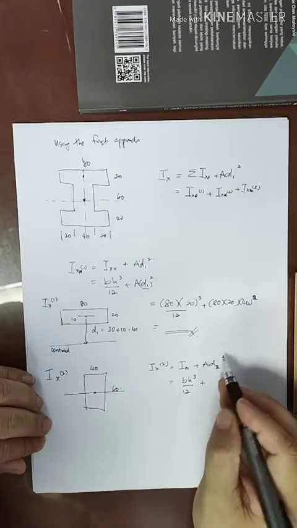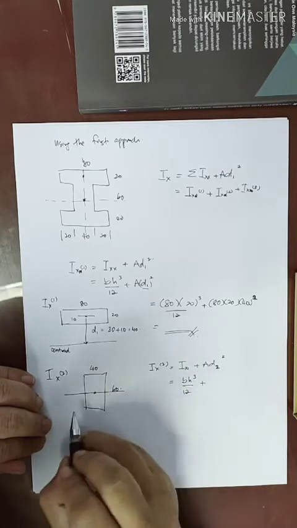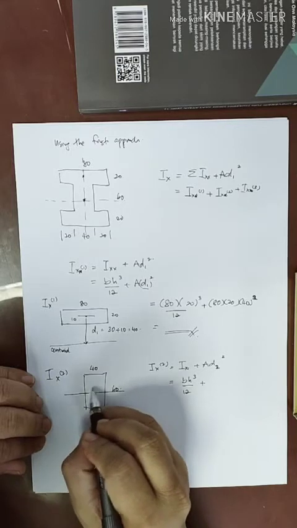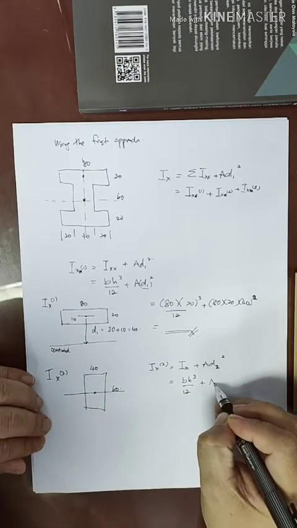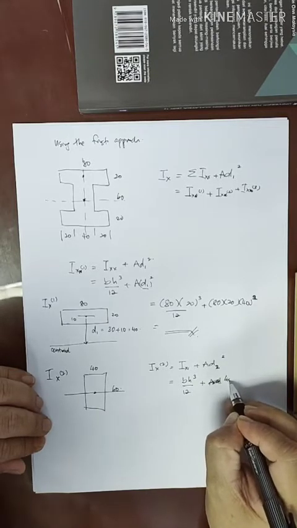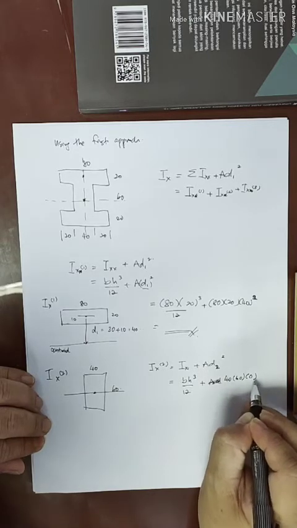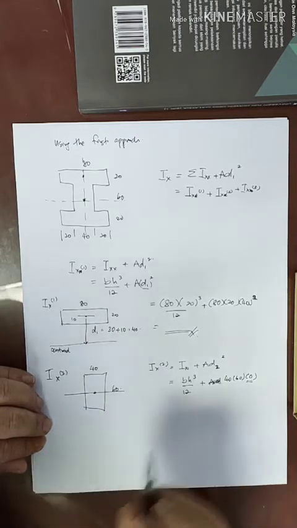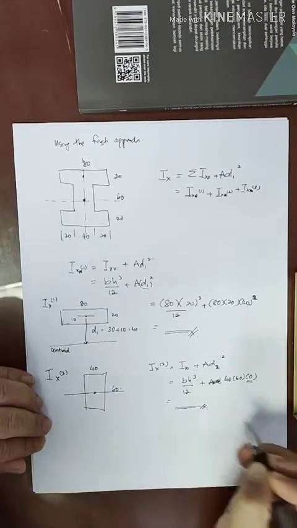Again, there is no distance between the d and the centroid, because it happens to be at the same point. The size is 40, 60, but the d is 0. So you have the Ix number 2.